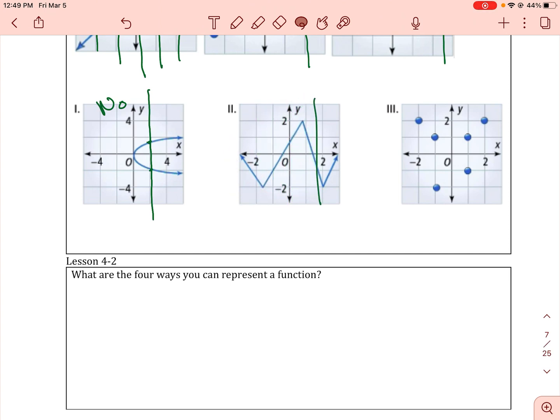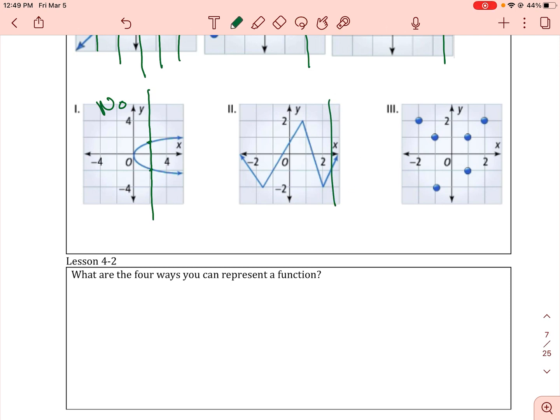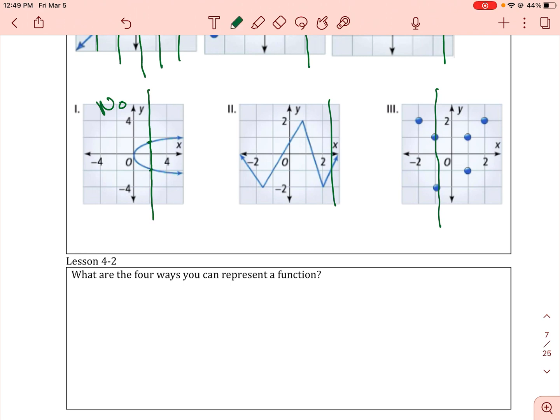It is only touching 1 point on all spots. And here, if I draw a vertical line right there, I see that it is not a function, because it touches 2 spots right there. This one was yes. Also, it touches 2 points right there, so that would not be a function.